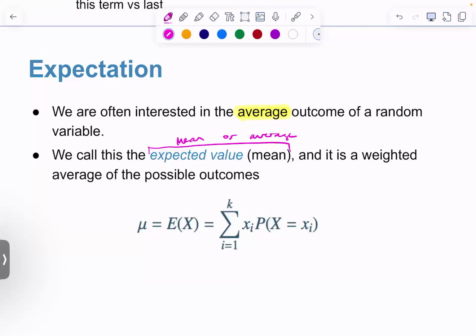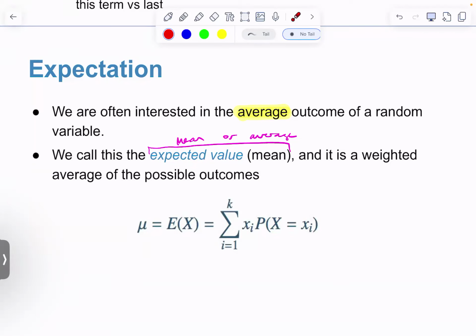It's been a while since we introduced those same terms, but it's nice to have a reminder. So the expected value is the average, right? That's what you're expecting. That's your average outcome. And it's going to be a weighted average of the possible outcomes.